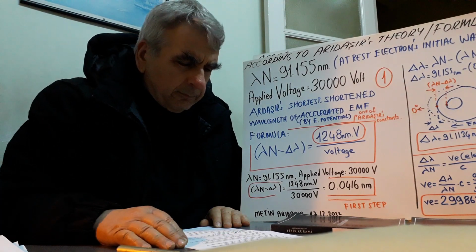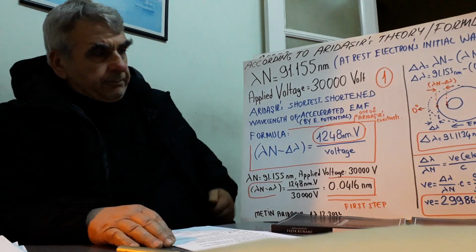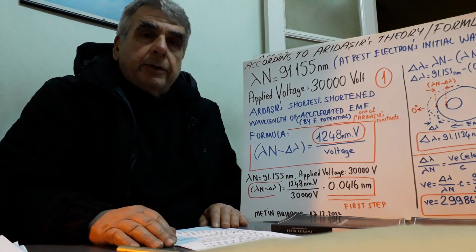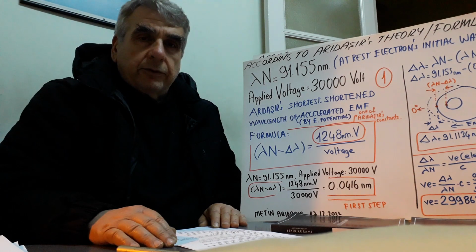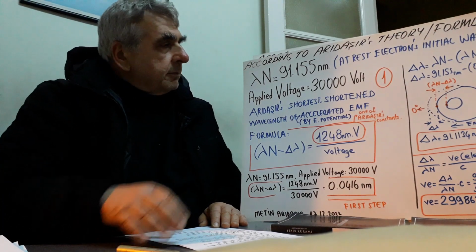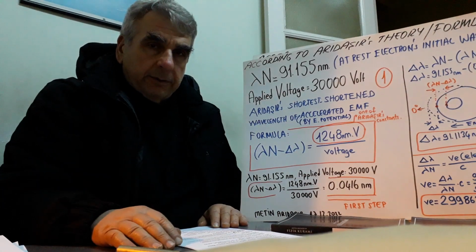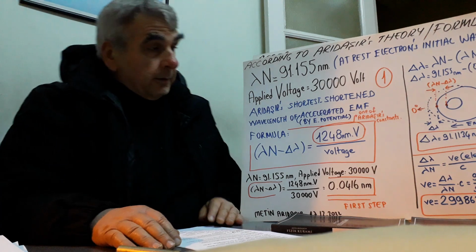Now, the third step. What is the velocity of the 91.155 nanometer wavelength size electron motion form, which is applied on 30,000 volt electric potential?